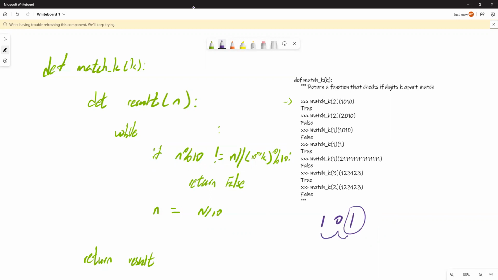The k is 2, so we divide by 100. If they match, let's just keep looping. Now divide n by 10 itself. 101 divided by 10 is 10, right? I hope your math is good.